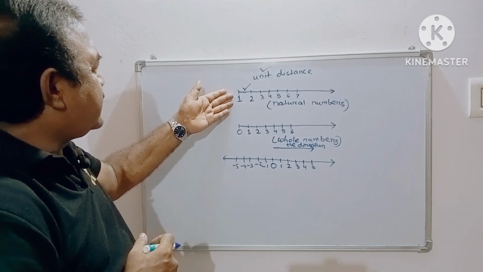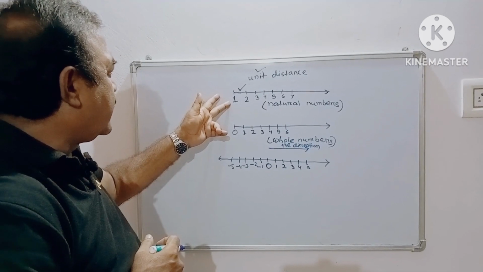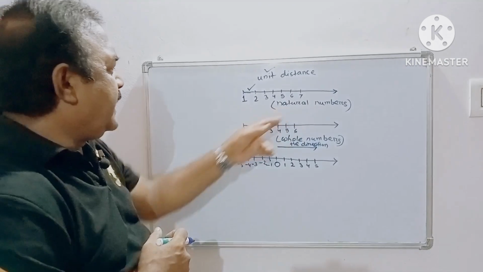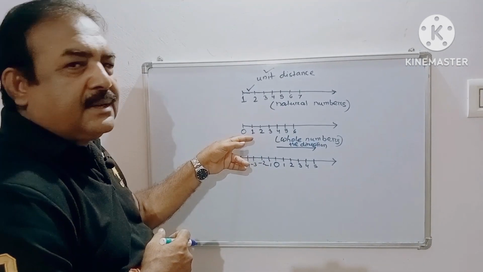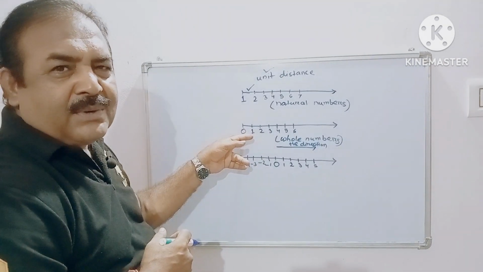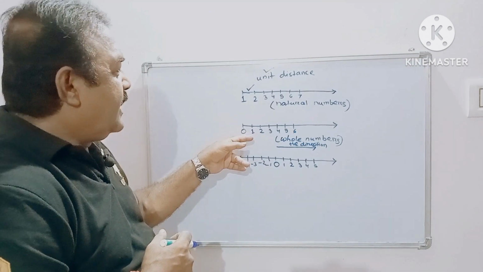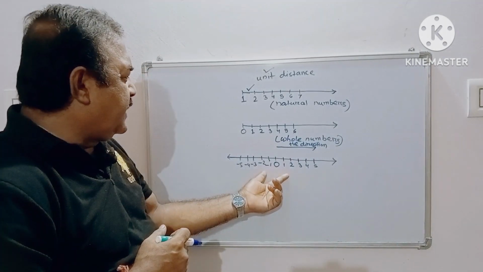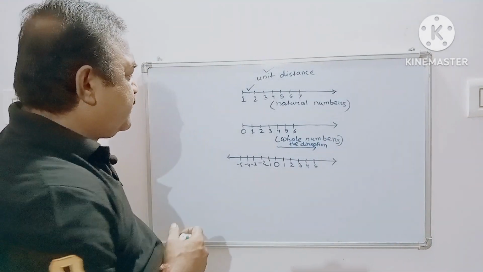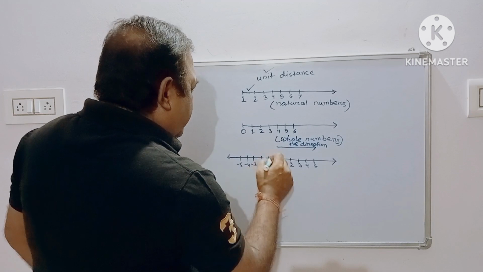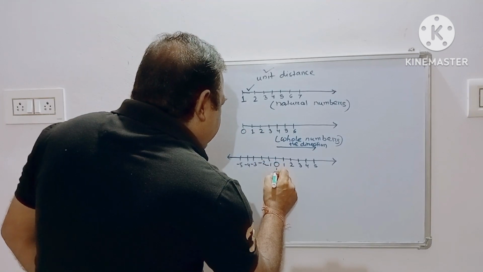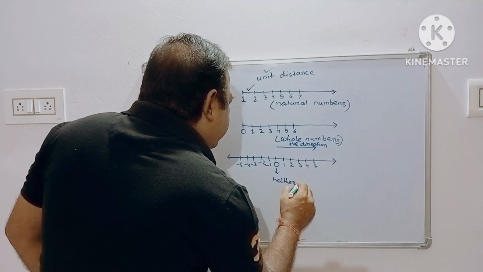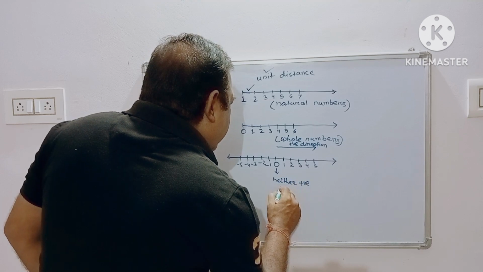Already you know, in case of natural numbers, the smallest natural number is 1, and there is no greatest natural number. In case of whole numbers, the smallest whole number is 0, and there is no greatest whole number. And in case of integers, 0 is neither positive nor negative.